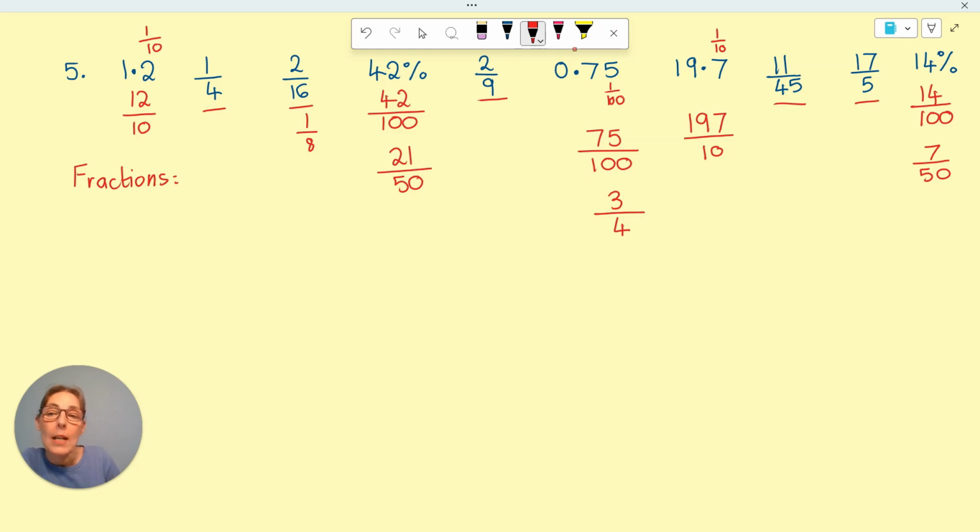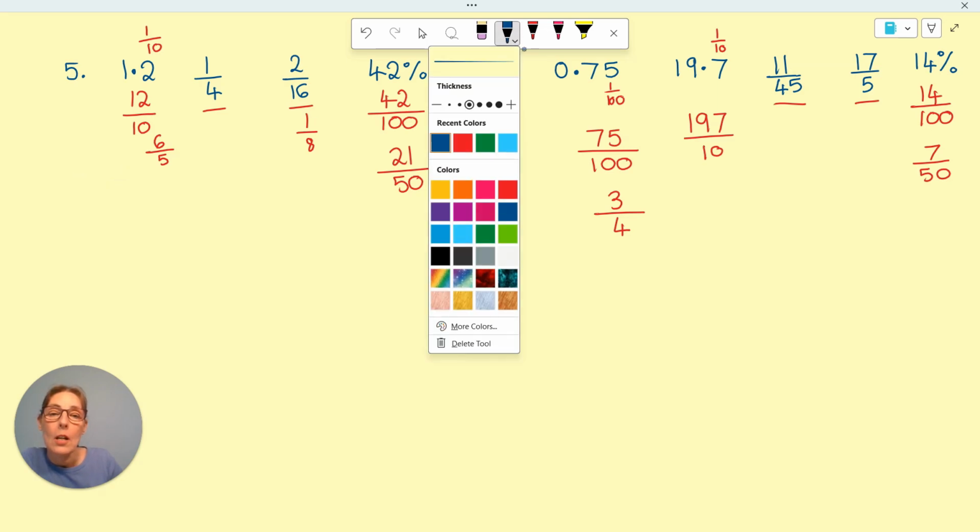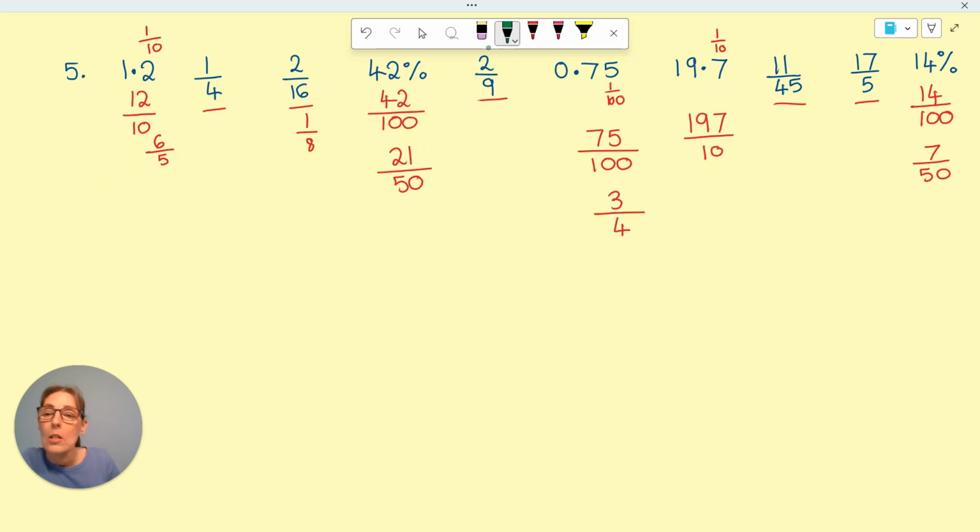And instead of 12 tenths, because they're both even, I'm going to write 6/5. And then this one, 197 tenths, I don't really want to be moving that around. So let's just rub out this and put it a bit further down and change the colour. Let's change it to green.